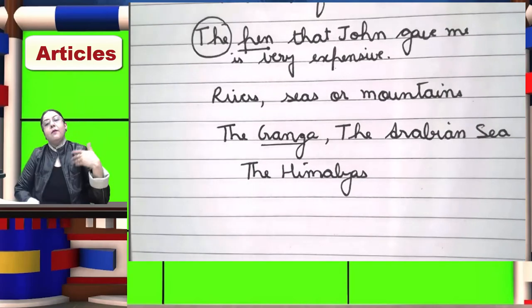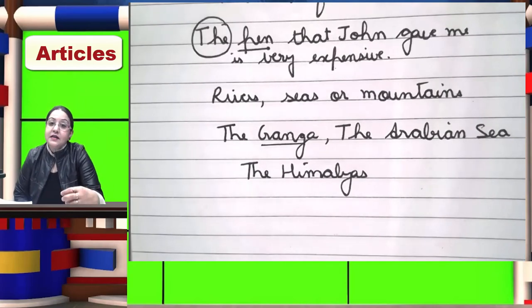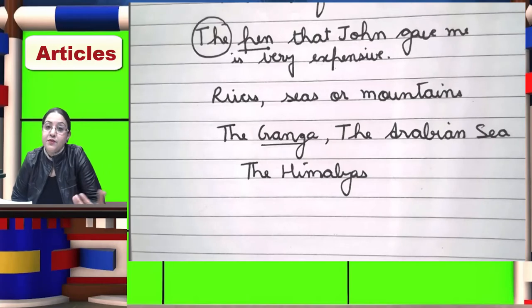So whenever we are talking about Vyaktivachak Sangya, means the name of a Vyakti, the name of a person, the name of a mountain. With the name of a mountain we are using the, let's not talk about the name of a mountain. When we are talking about the name of a person, let's suppose I'm talking about a person John. We wrote a sentence, John gave me a pen.